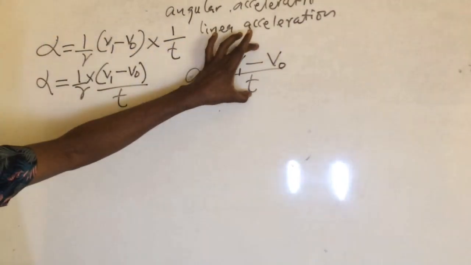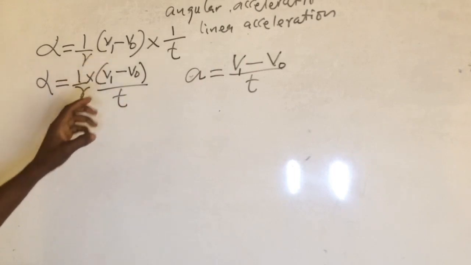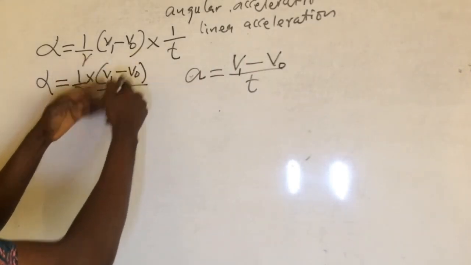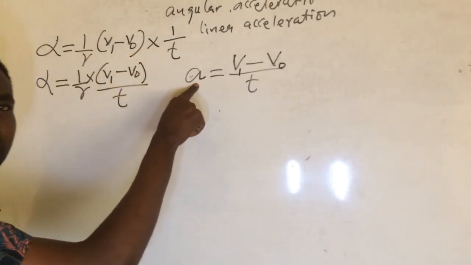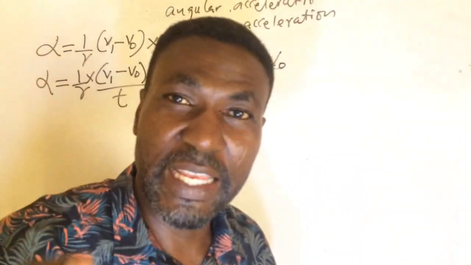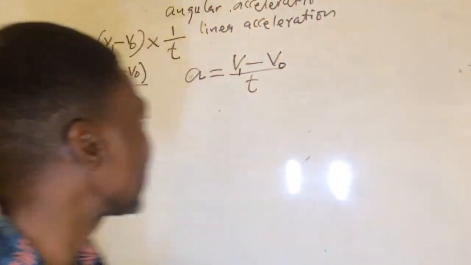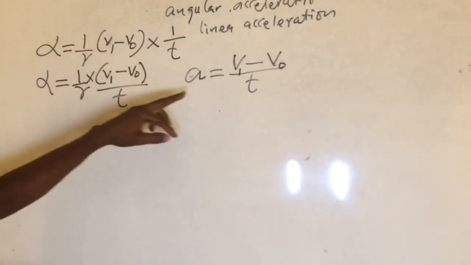And since we have this, look at it here. We can now remove this completely and insert our sign A, which is represented as linear acceleration. Now let us take this thing out and replace it with this.